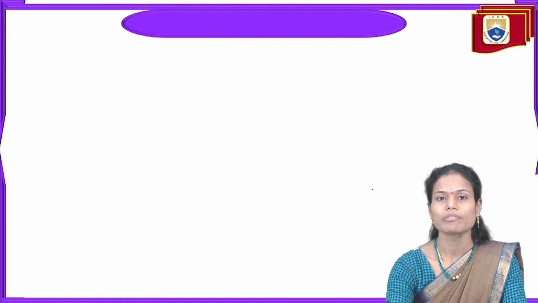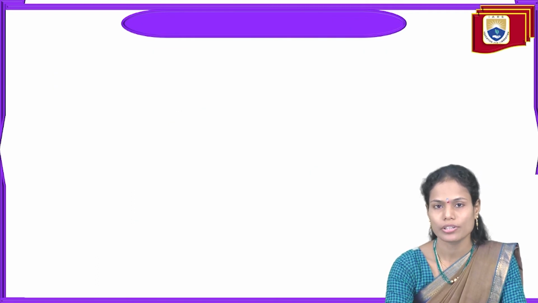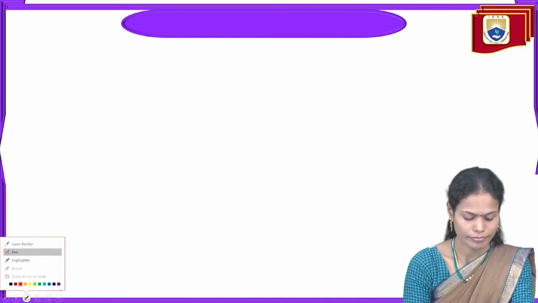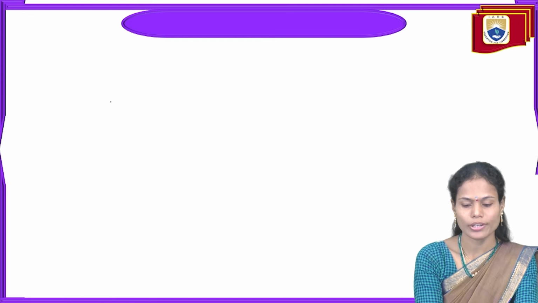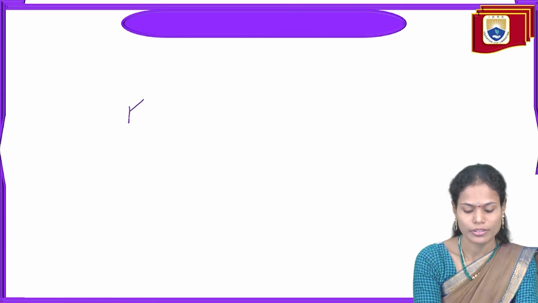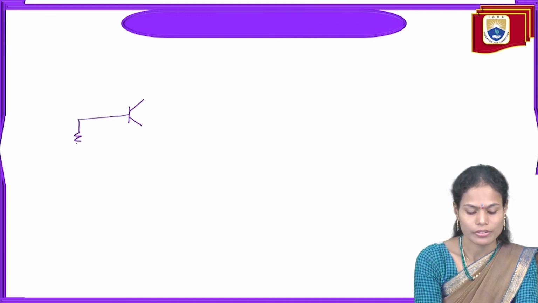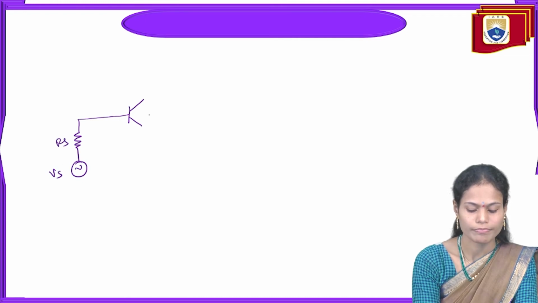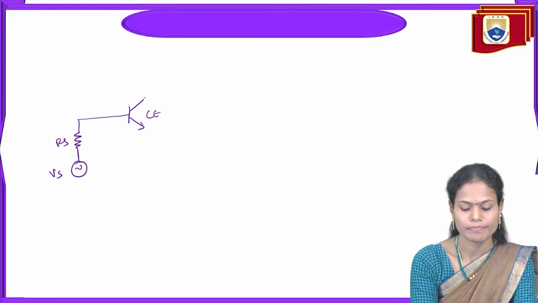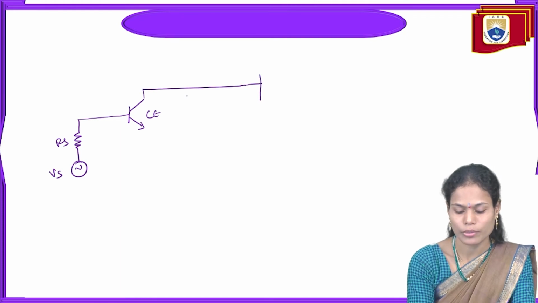To solve the problem, first of all, we have to take the hybrid equivalent circuit, then check for the exact or approximate analysis, then substitute the values in the desired approximated formulas. So for that purpose, I am drawing the hybrid equivalent circuit with the source resistance Rs and the voltage Vs. This is the CE stage and the output of this is connected to the second stage.